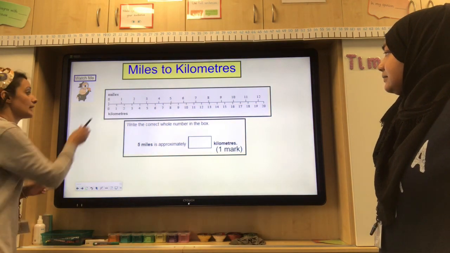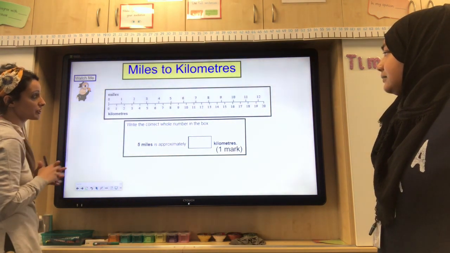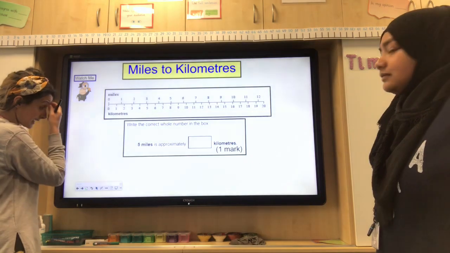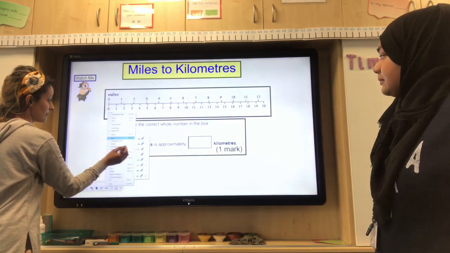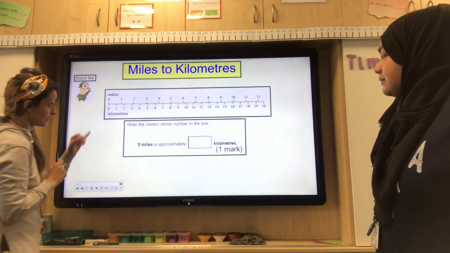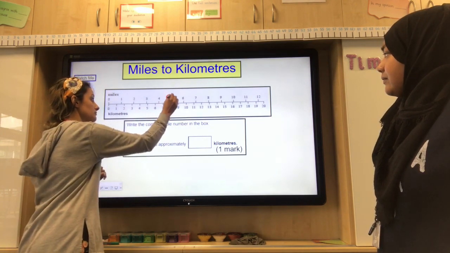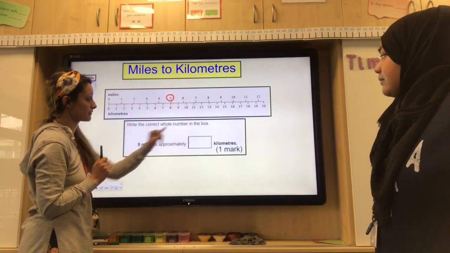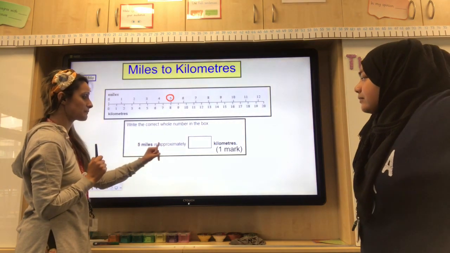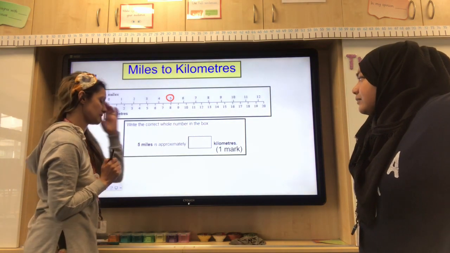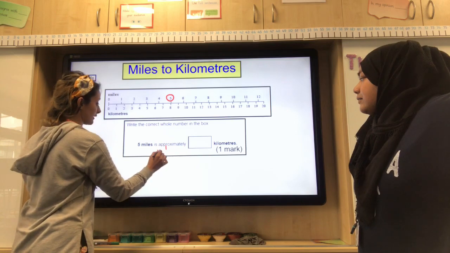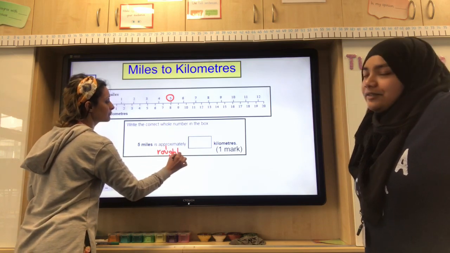Okay. So here we've got a scale and it's the conversion of miles. The common conversion that you need to learn is, if we look here at 5 miles, this question says: write the correct whole number in the box. 5 miles is approximately how many kilometres? Approximately means roughly, okay? But to the nearest degree.